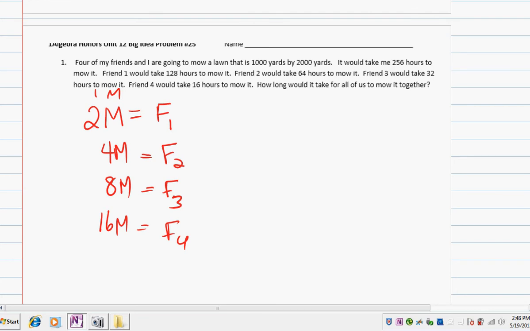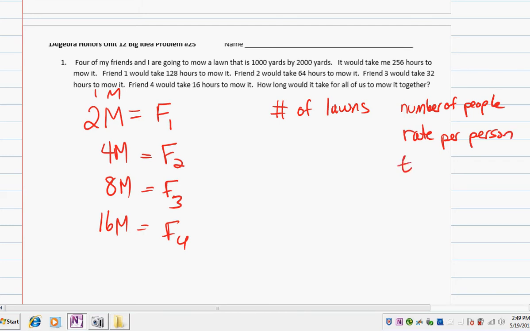So, I do know that there is a relationship between the number of lawns I mow and the number of people and the rate per person and the time that they're mowing.